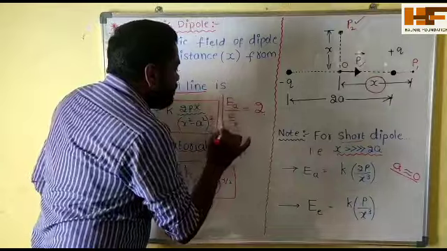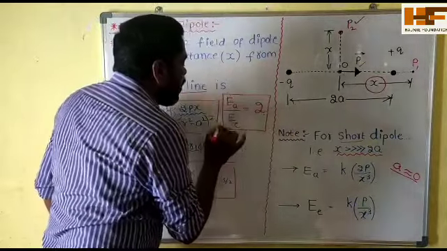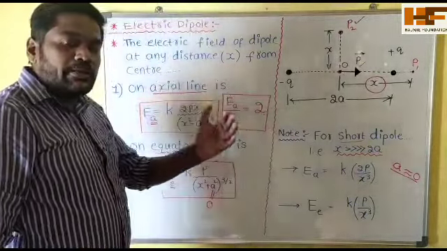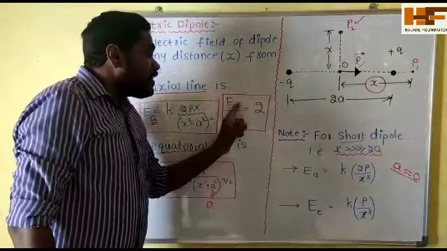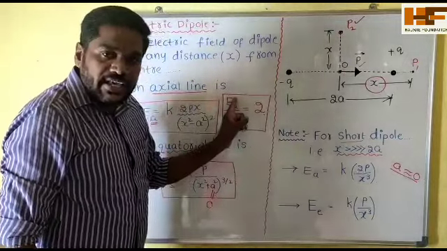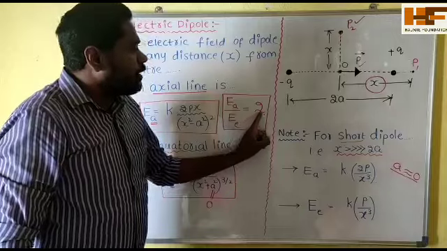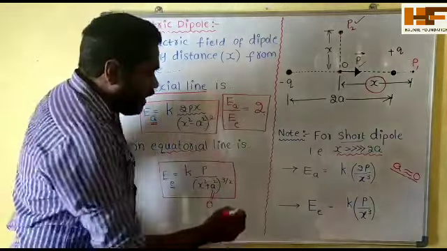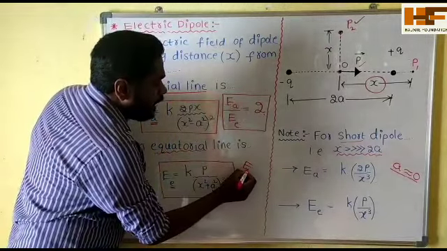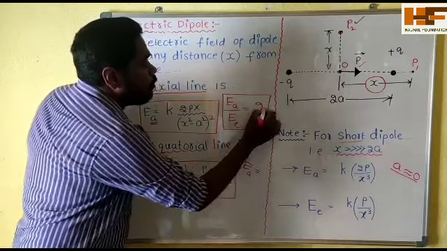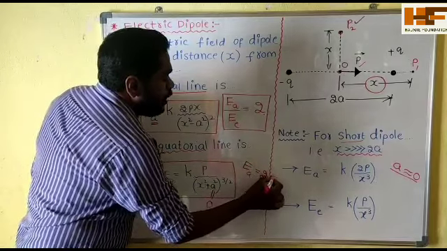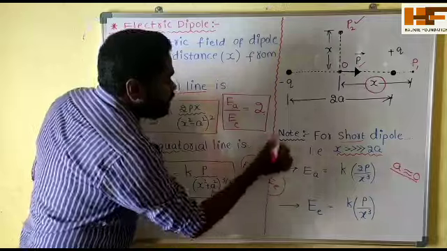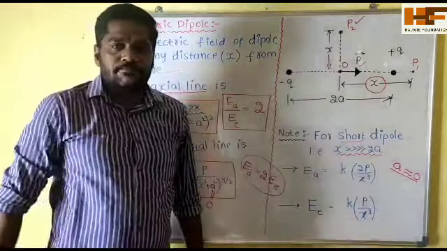Therefore, for the same distance from the center to any point on the equatorial line and any point on the axial line, the ratio of electric field at the axial point to the equatorial point is equal to 2. Or you can also write E_A is equal to 2 into E_E.